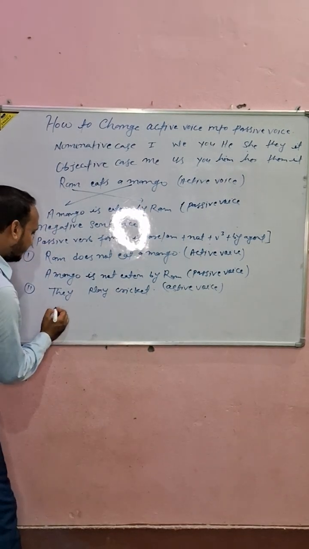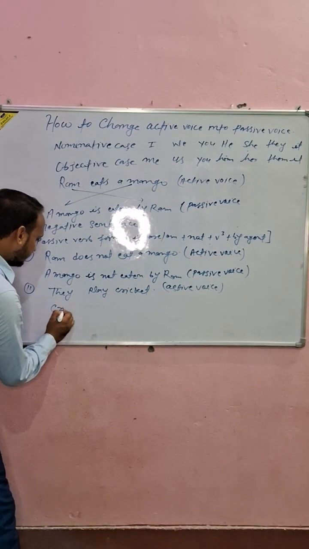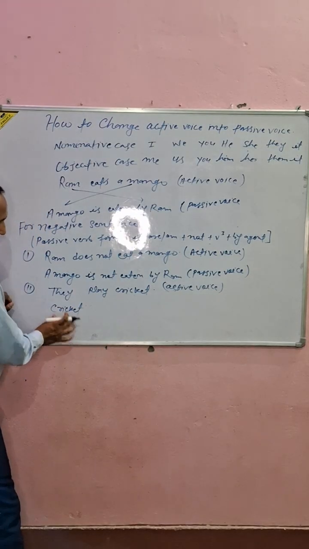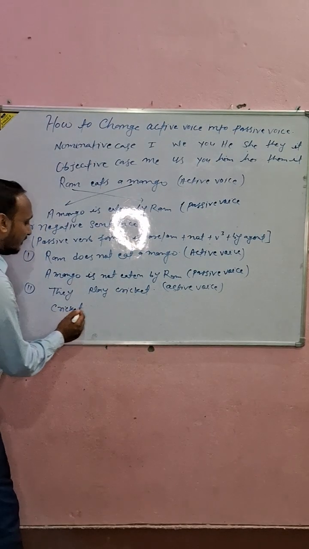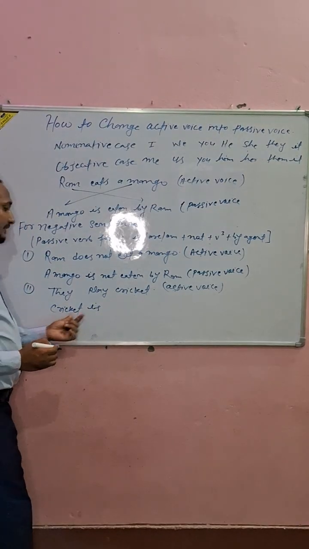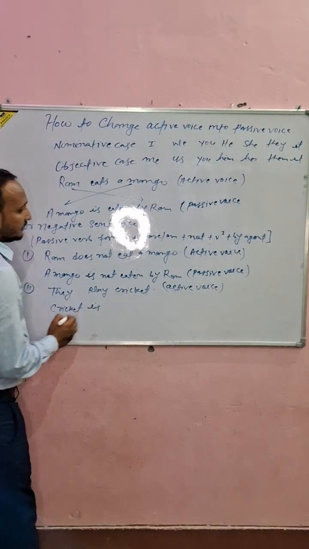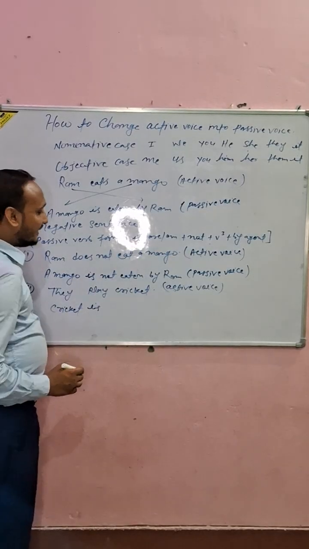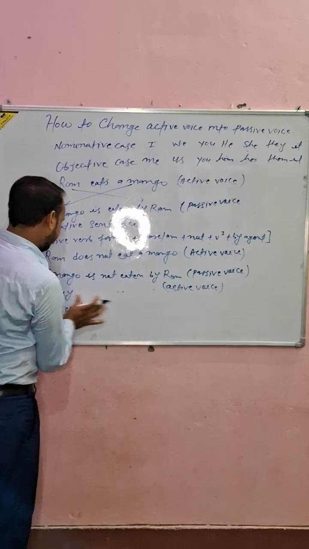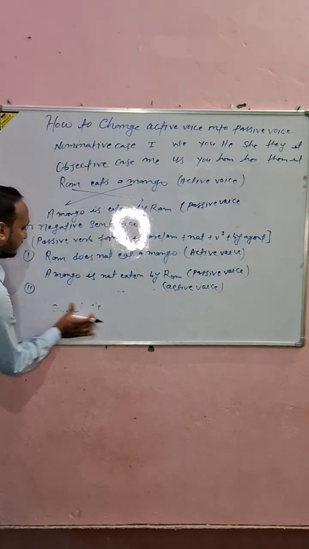So we can use cricket here. Cricket is a singular subject, so we can use is. Cricket is... Okay, sorry, it was the rule of a negative sentence, so we can erase it. Sorry.